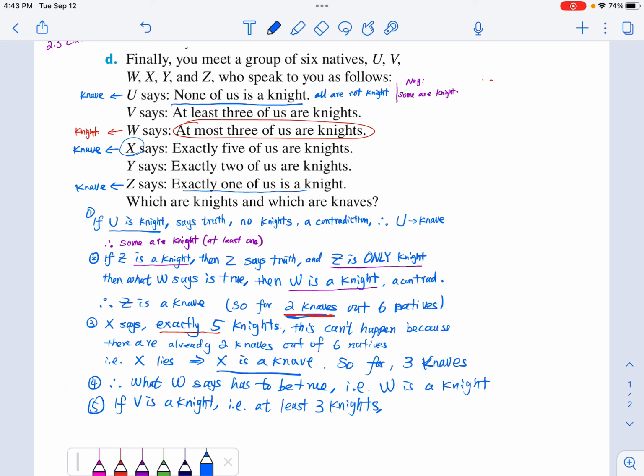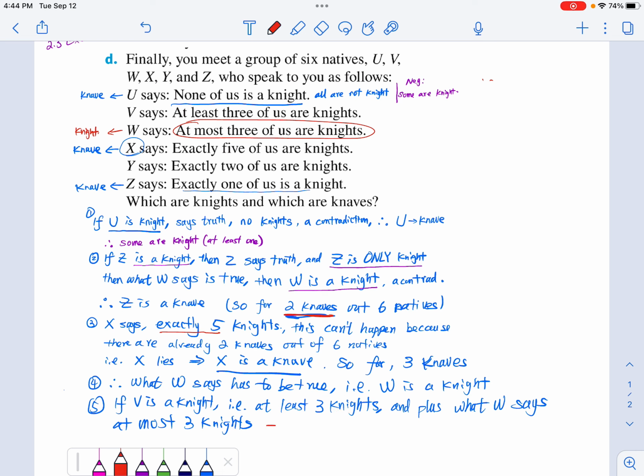Well, again, W is a knight. Therefore, at most 3 knights. That would also be true, right? And together with what W says, at most 3 knights. At least 3 knights, at most 3 knights.